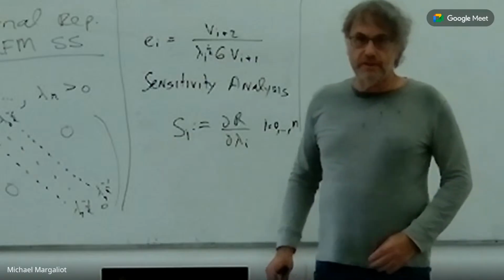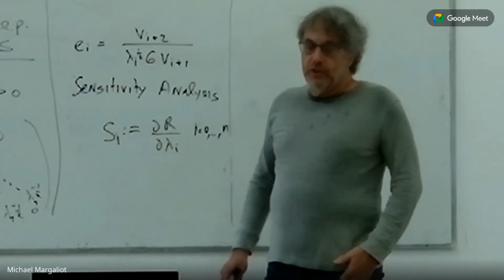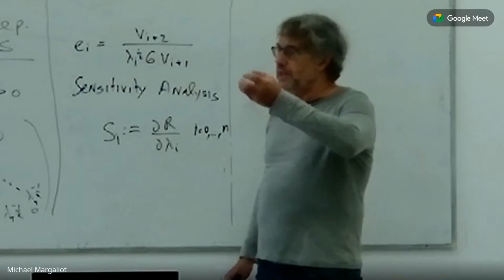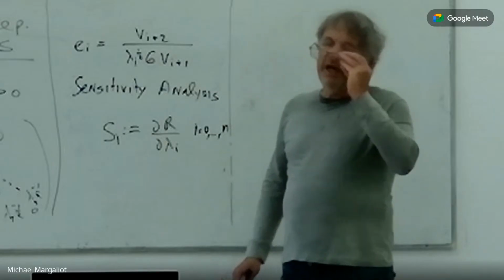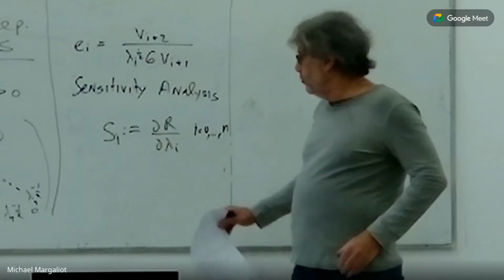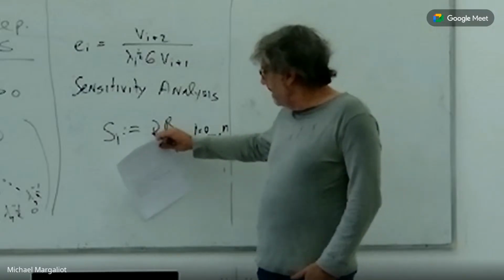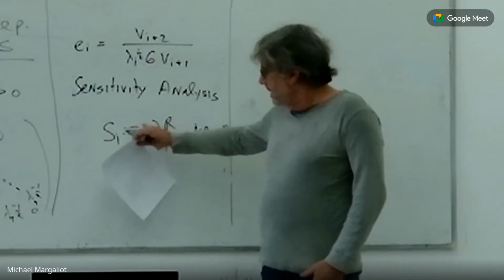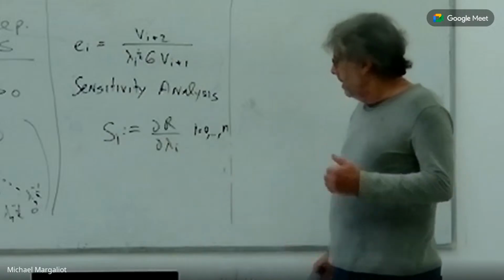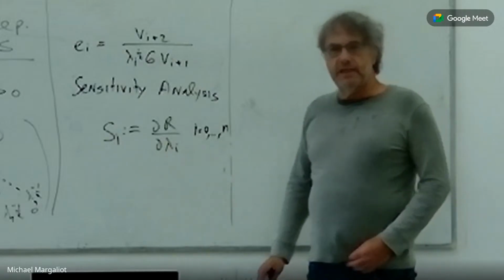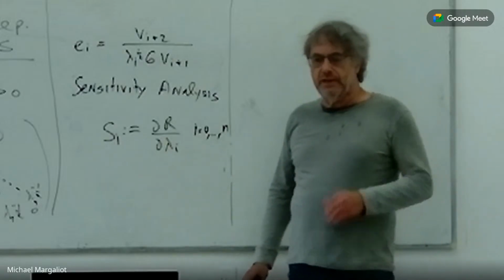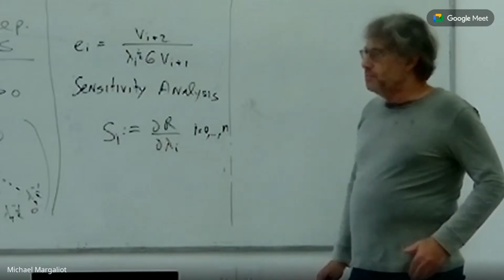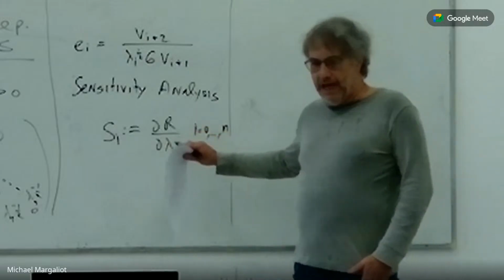This is of course an interesting question, because maybe I can manipulate the lambda i's, and if I'm trying to maximize R or to minimize R, this can tell me which lambda I has the largest effect and which lambda I has the smallest effect on R.